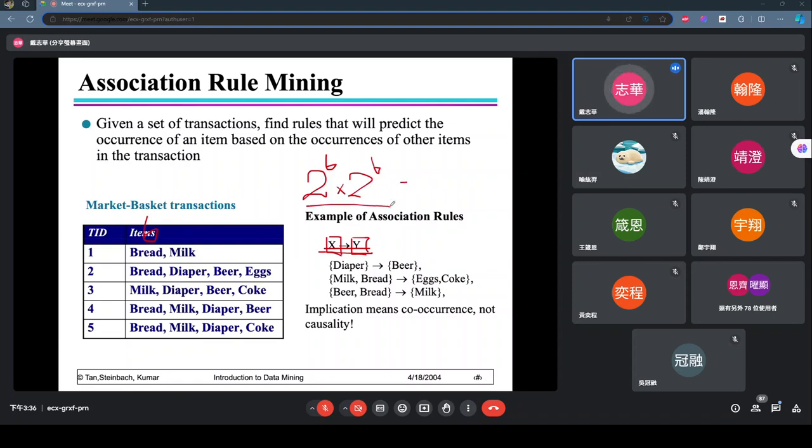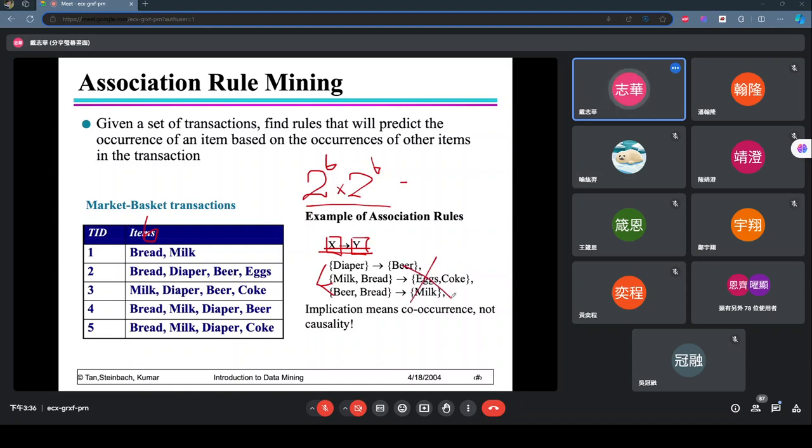In the real world, this mining task cannot be done using this approach. Listing the rules and then calculating their confidence one by one is impractical. This method cannot work.